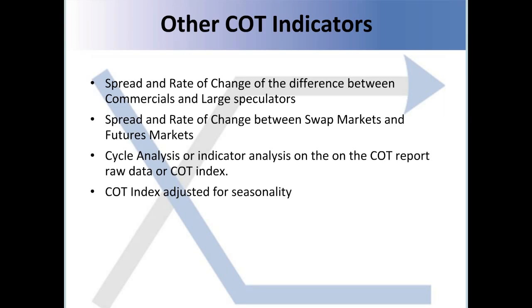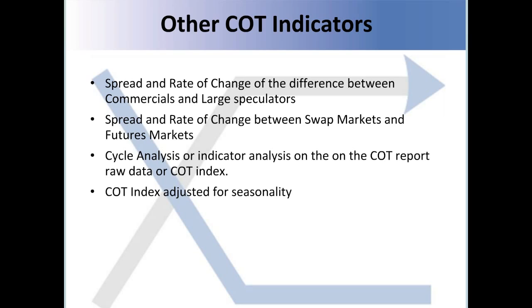arbitrage trades and expectations as the curve is shifting away from the zero interest or very low interest rate environment. Some of the things that I've personally put some effort into are looking at cycle analysis. I do a ton of spectral analysis, or cycle analysis, along the time axis of different markets, and I've actually applied these techniques to the COT report commercials data and the COT index itself.